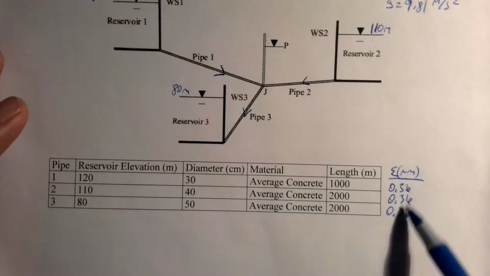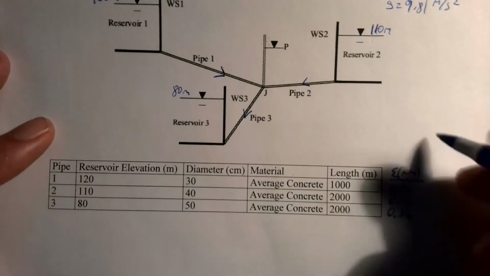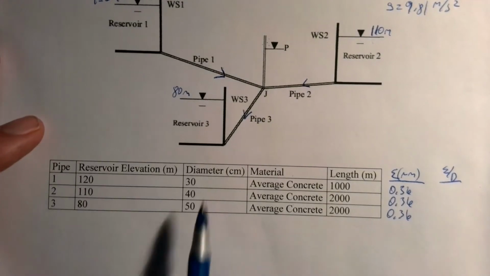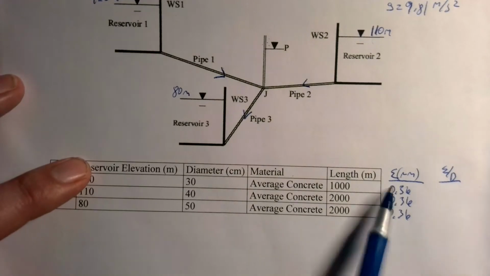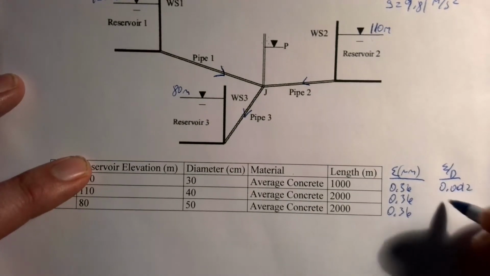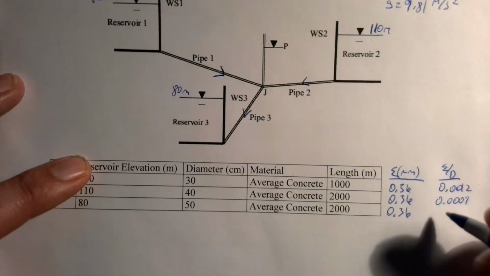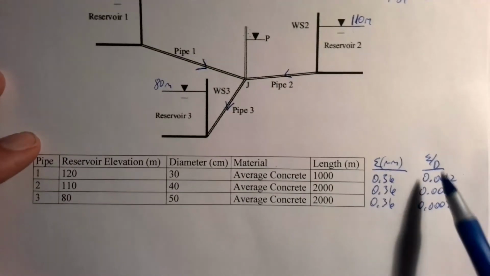You just have to make sure that you get them all right for the material that you're looking at. Epsilon over D then, our relative roughness for each of these. We have the diameter here, we have the roughness height there. That is going to be 0.0012, 0.0009, and 0.00072 for the 3 different pipes.